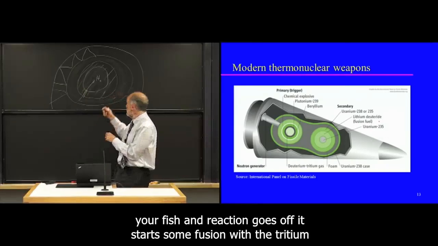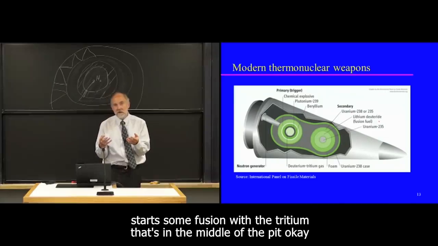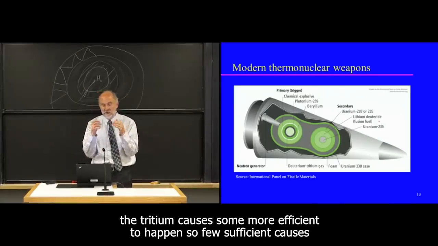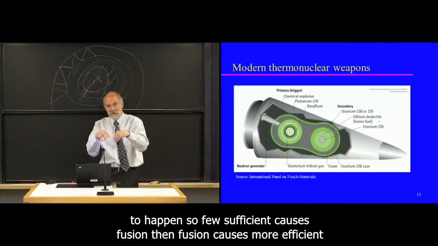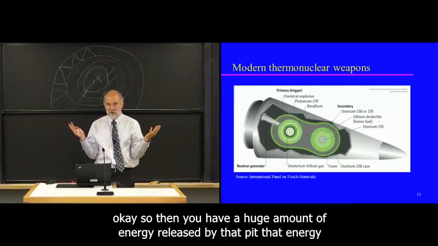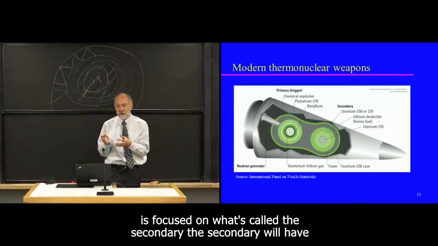It starts some fusion with the tritium that's in the middle of the pit. Okay? The tritium causes some more fission to happen. So fission causes fusion, then fusion causes more fission. Okay, so then you have a huge amount of energy released by that pit. That energy is focused on what's called the secondary.